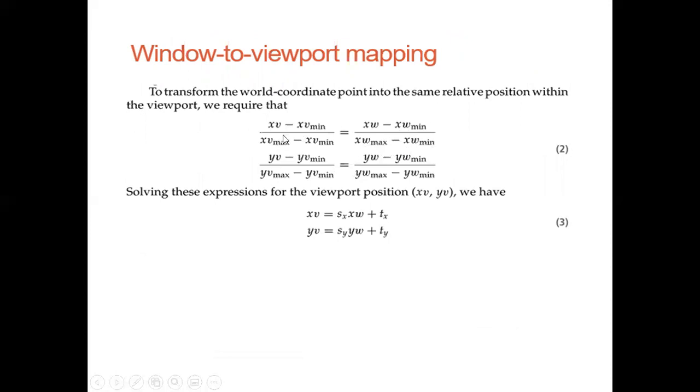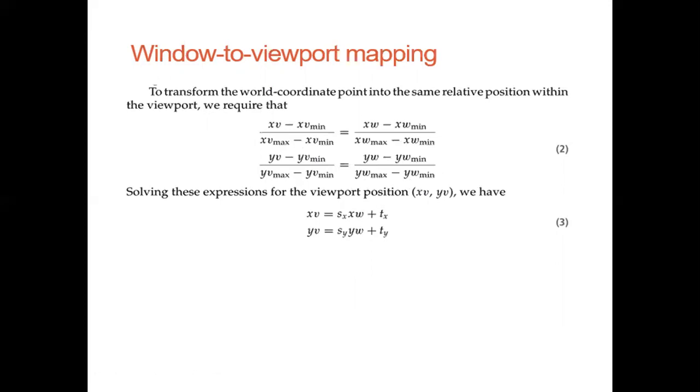The same thing we write for the y coordinates also: yv minus yv min divided by yv max minus yv min, and here yw minus yw min divided by yw max minus yw min. This is how we define the coordinate points from the world coordinates to the viewport coordinates.